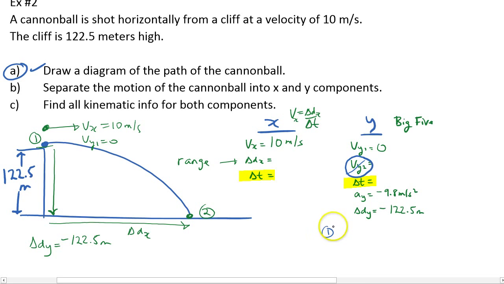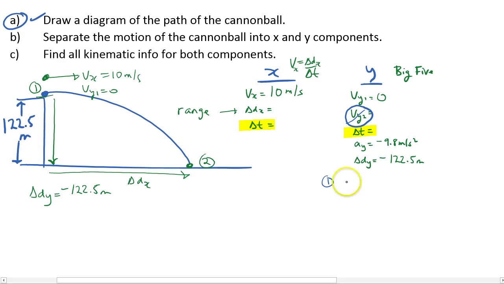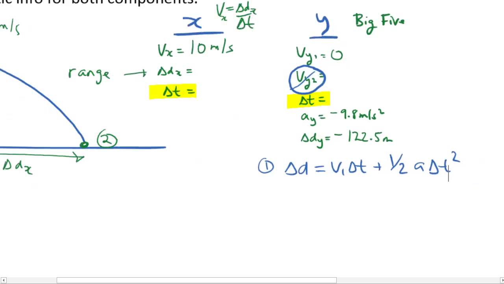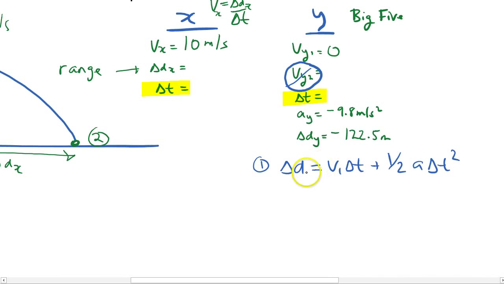So equation number 1 is delta d is equal to V1 delta t plus 1/2 a delta t squared. The only difference I'm going to make here is that I'm going to add all my little y's, because I'm moving in the y direction. So I'll put a y there, put a y there. Vy1 is equal to 0, so I can just lop that off right away. And I know that delta dy is negative 122.5.